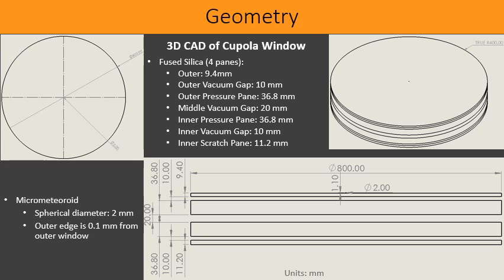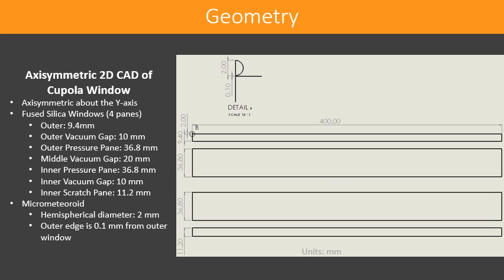Of course, I simplified it to a 2D axisymmetric geometry. So here is the complete 2D axisymmetric geometry. You can see here all the same dimensions. This is only half of the window right here.